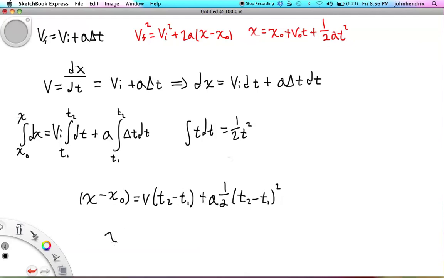And we can show that the position, x minus x naught, is equal to initial velocity times a change in time, delta t, plus 1/2 a delta t squared.